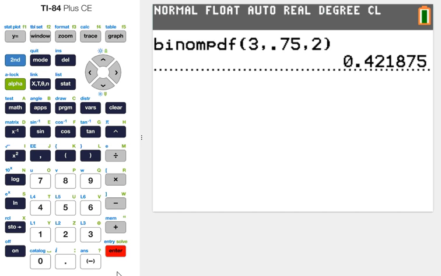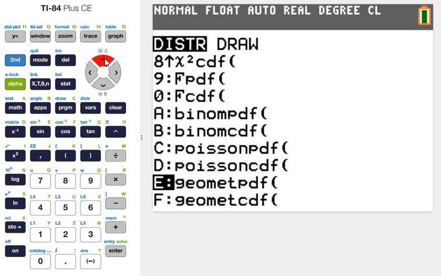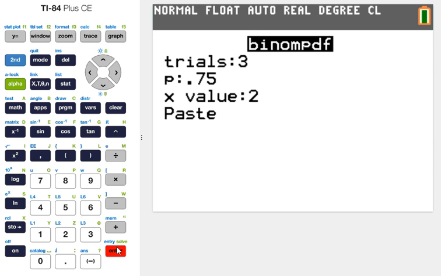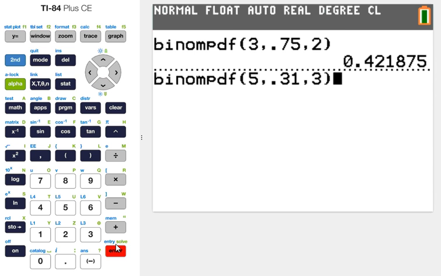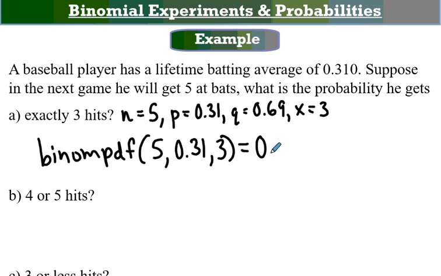So I grab my calculator, I go binom PDF, and I type in, it was 5 at-bats, 31% success. We want exactly 3 hits, and I hit paste, and it's going to give me about 0.141, or 2, I think, if I round. Is that right? Yep. So 14.2% chance he's going to get exactly 3 hits.